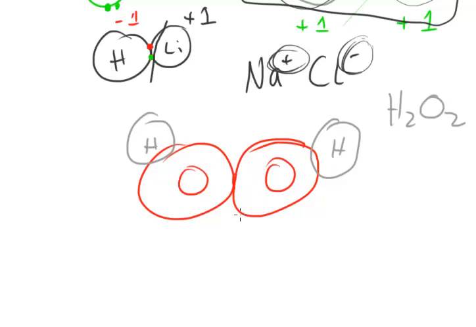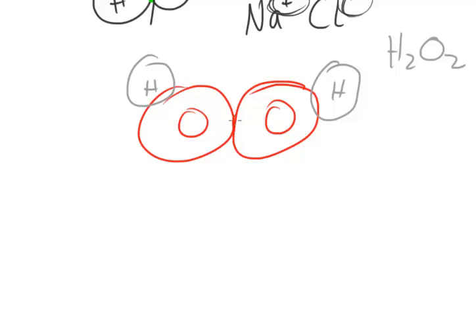So first of all, let's look at this bond. In this bond, what would be the oxidation numbers of oxygen and oxygen? Obviously, oxygen is not going to be greedy with electrons when it's sharing with oxygen, so the oxidation number is going to be 0 in this particular area.